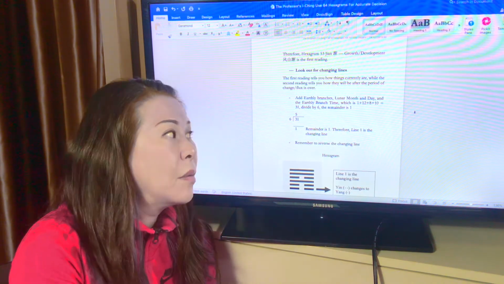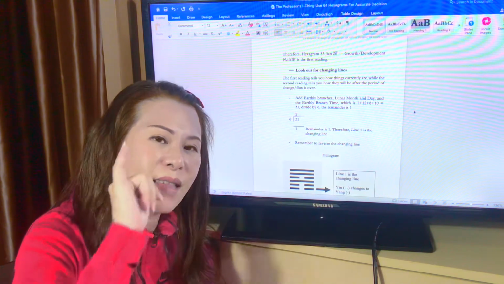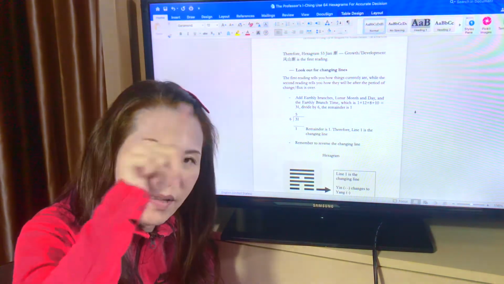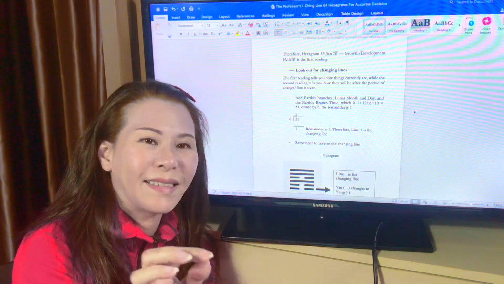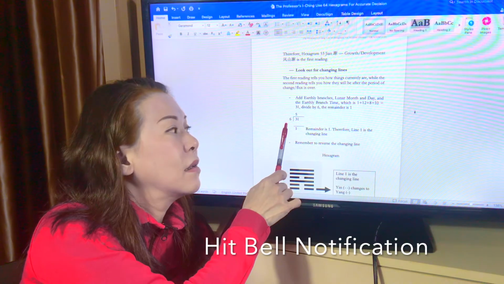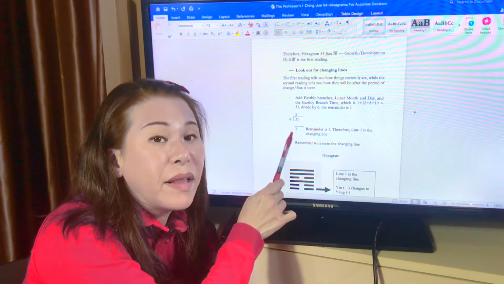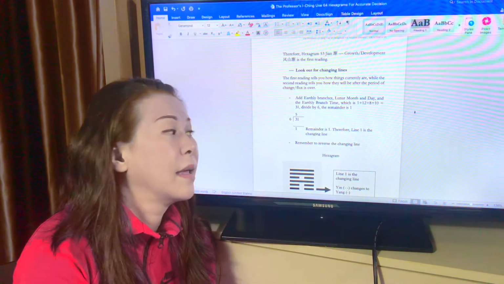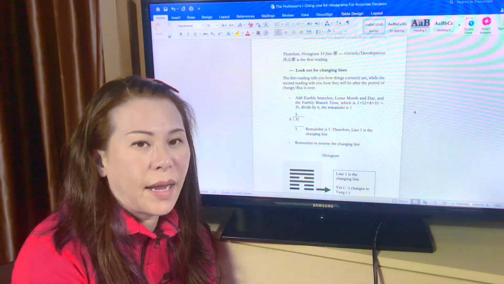But a hexagram has 6 lines, 1, 2, 3, 4, 5, 6. That's why you divide by 6 for changing lines. So 31 divided by 6. The remainder is always the changing line. The remainder is 1, therefore line 1 is the changing line.